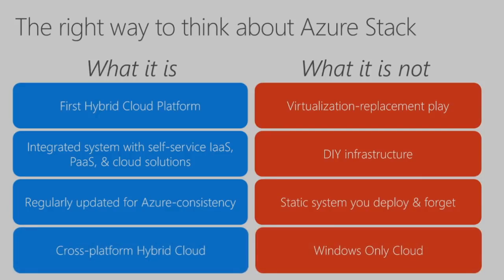And finally, what it is, it's a cross-platform hybrid cloud. And what it's not, a Windows-only cloud. We have many workloads that are non-Windows, but we have many workloads that are Windows. So the infrastructure and the base of everything up to this point, and even on one node you can go investigate, is all Windows.